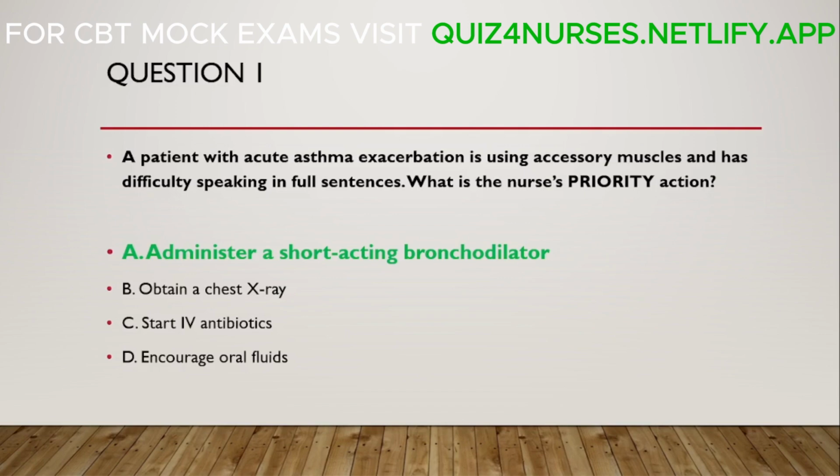These are short-acting. We also have long-acting bronchodilators, which include salmeterol. But the right drug to offer here is a short-acting bronchodilator to relieve the patient of the bronchial constriction and relieve the acute asthma. Thank you.